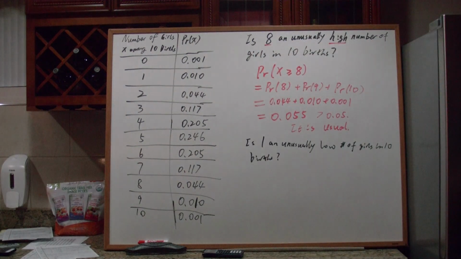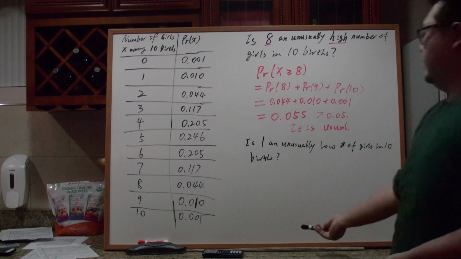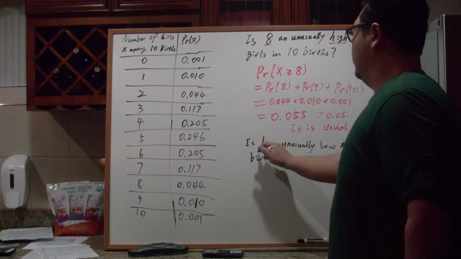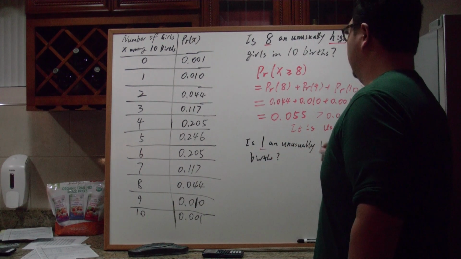Is 1 an unusually low number of girls in 10 births? Well, here we're asking about unusually low. So is 1 an unusually low number?